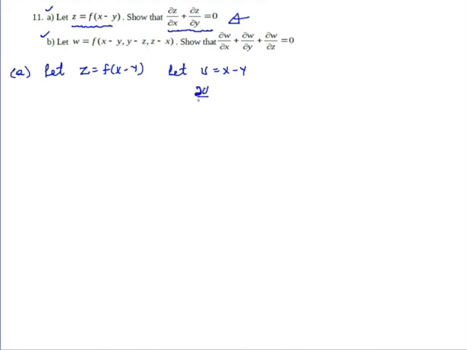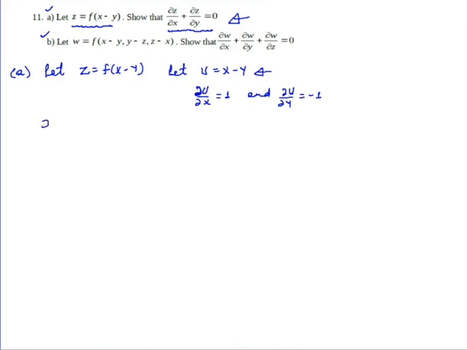So if u is x minus y, the partial derivative of u with respect to x is 1, and the partial derivative of u with respect to y is minus 1. So here we will apply the chain rule.